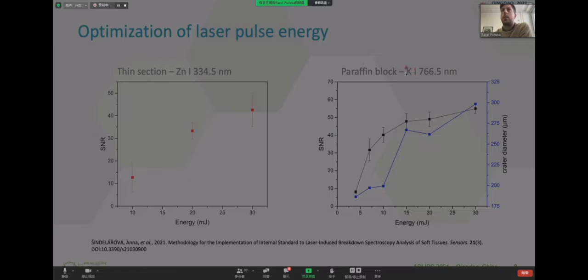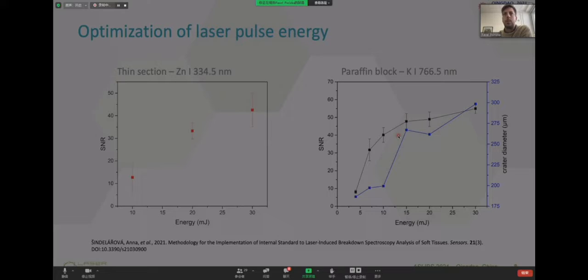Here you can see the case of calcium, how it increases with increasing energy, how we are changing the signal to noise ratio, the indicator of sensitivity. You can see there is a plateau for 15 to 20 millijoule. The crater diameter also plateaus and levels off, and for 15 to 20 millijoule we have really comparable results.